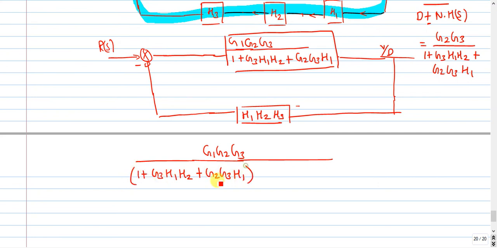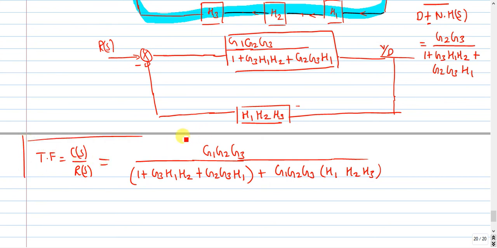Okay, this completely acts as a denominator, and again the sign will depend on the feedback. Negative, add this as a positive. Again we have numerator, that is G1 G2 G3 multiplied by H of s, that is H1 H2 H3. So this will be your final transfer function, nothing but output by input. So this will be your final equation.